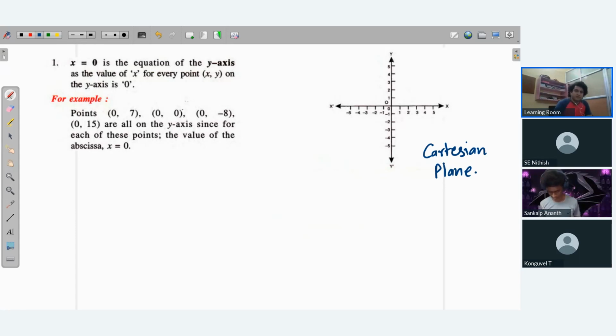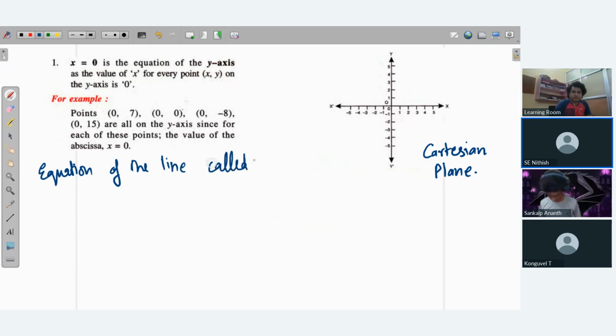If I have to say what is the equation of the line called the y-axis. In this class, we will be discussing linear equations and the Cartesian plane together. We'll start with basic things and then progress to the general thing.